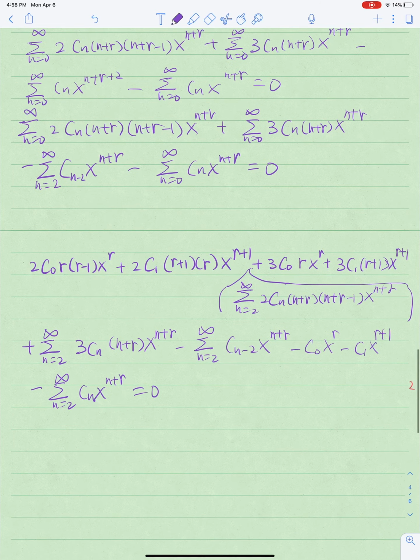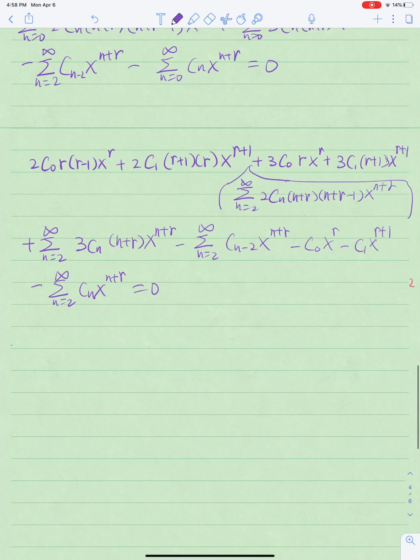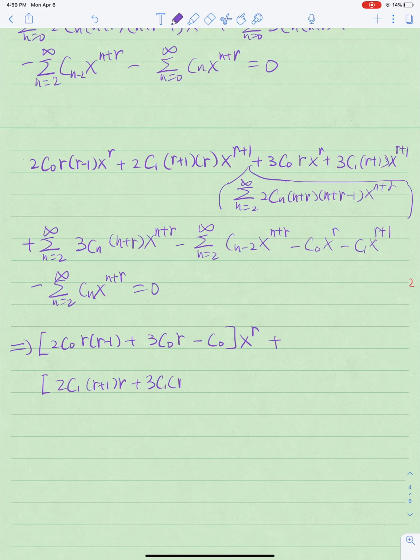All right. Now we're going to combine like terms. This is all the x to the power r terms. These are all x to the r plus 1.